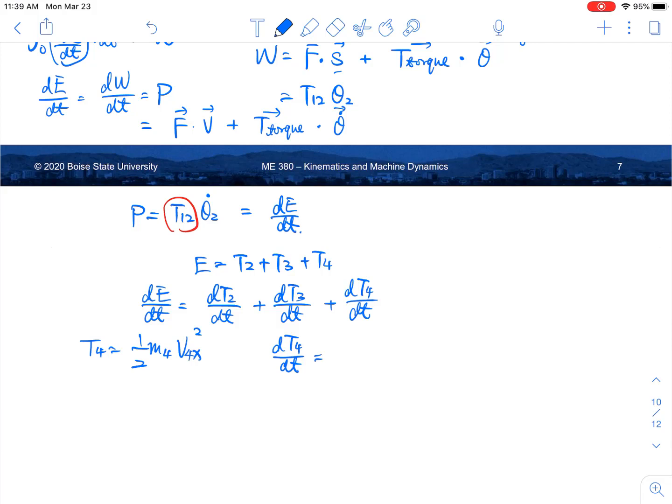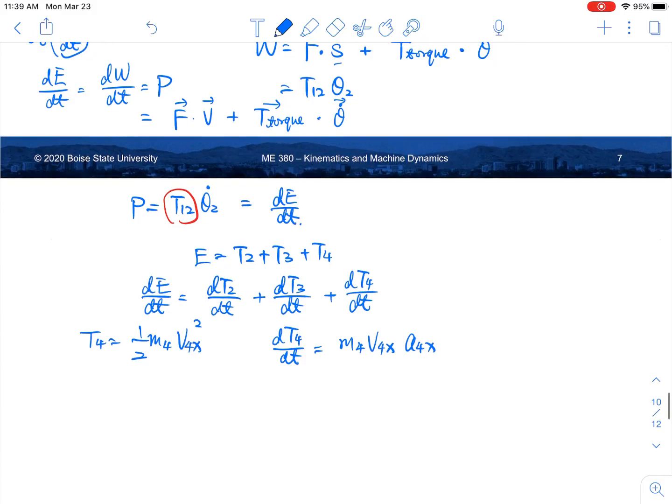We just need to calculate the time derivative of V4x. So it becomes M4 V4x times A4x. Make sense? A4x is the linear acceleration of the block moving along the horizontal direction. You can get these from the acceleration analysis.